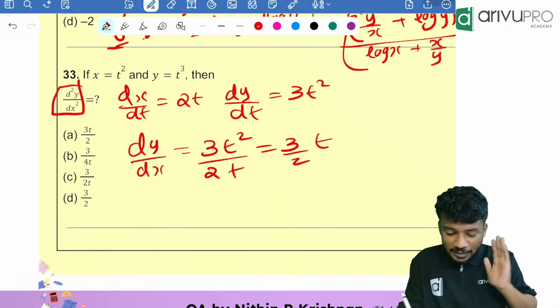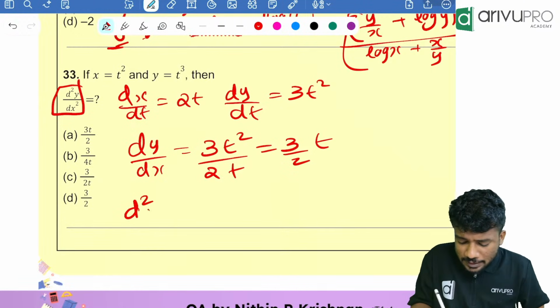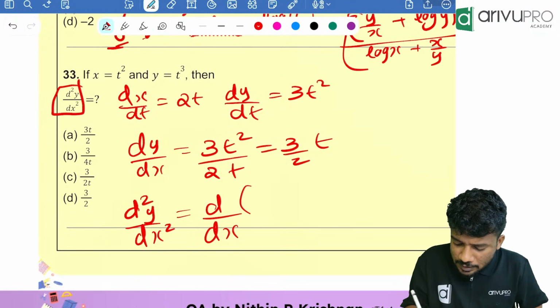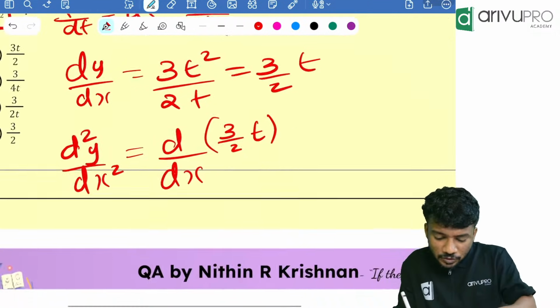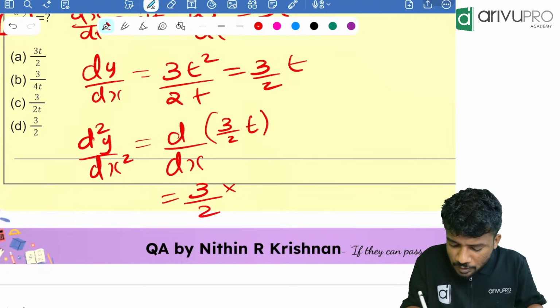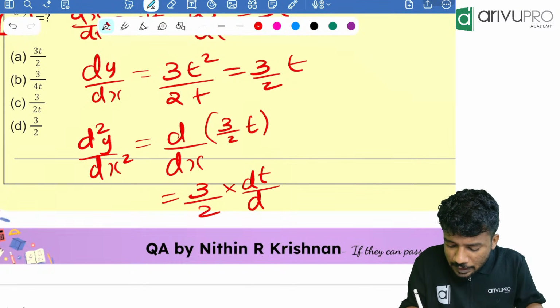Okay, till there everything is fine. Now people, what is d square y by dx square? It is nothing but d by dx of this value, that is 3 by 2t. So I will take 3 by 2 outside: 3 by 2 into dt by dx.